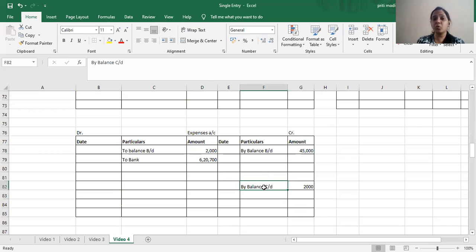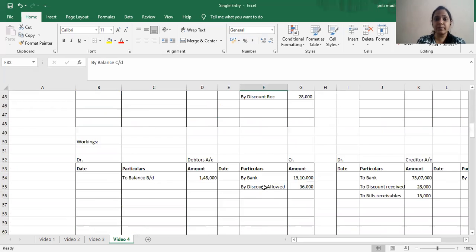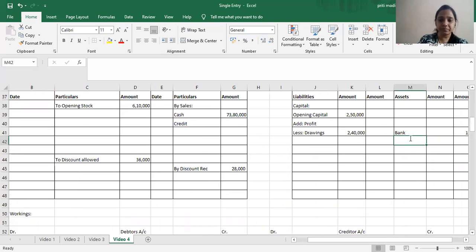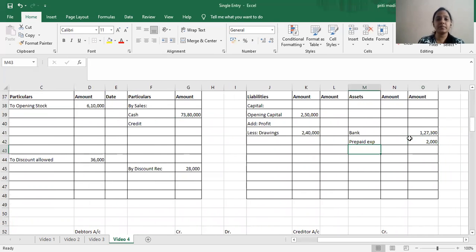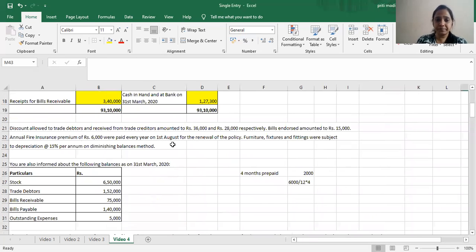And closing prepaid will go where? To our closing balance sheet. Be very careful by the kind of wording that I'm using. So closing prepaid going to closing balance sheet over here, we have prepaid expense. Prepaid expense, insurance, whatever you want to write, 2,000 rupees. So be very careful by the way you do it.